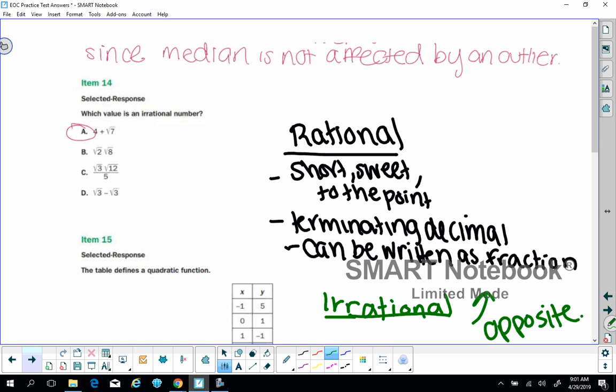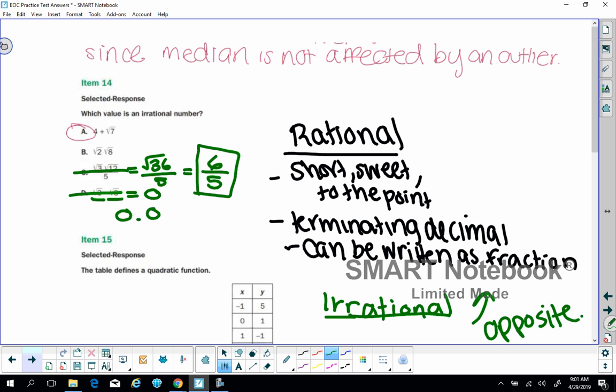So when I look right here, okay, radical 3 minus radical 3 equals 0. 0 is a terminating decimal, 0.0. So I know that's rational. Right here, when we see multiplying, I multiply these two to get radical 36 over 5, which the square root of 36 is 6. And since this is a nice little fraction, I can see that it's going to be a rational number, so I cross it out.